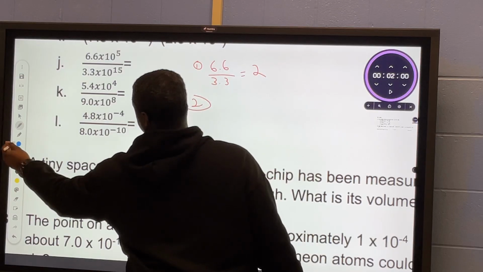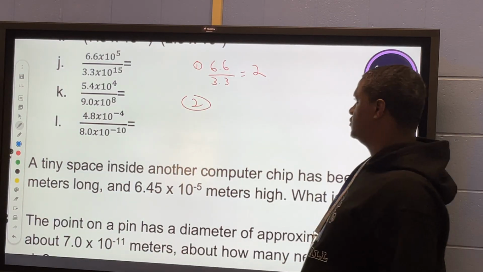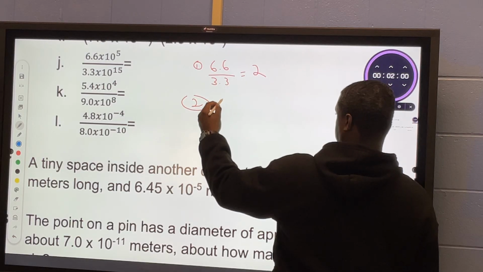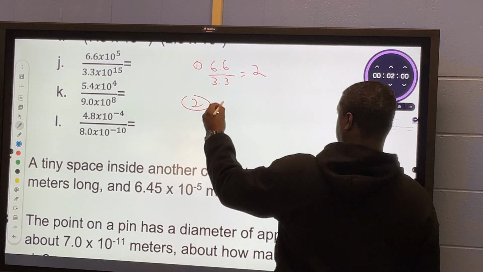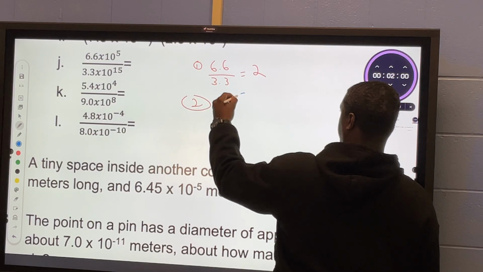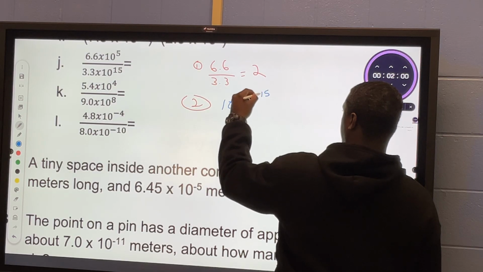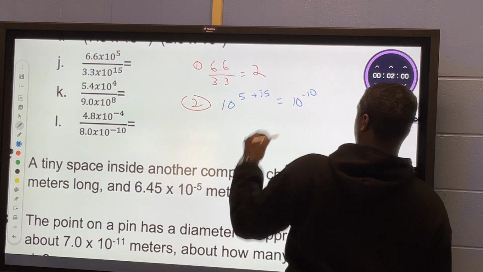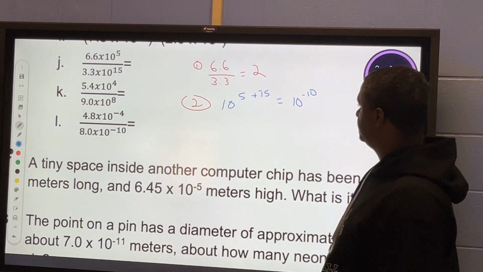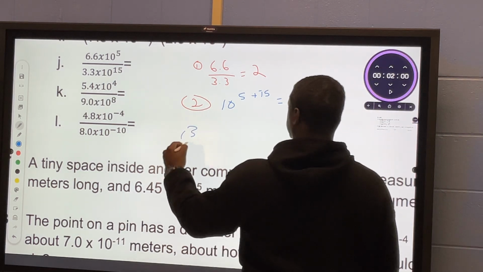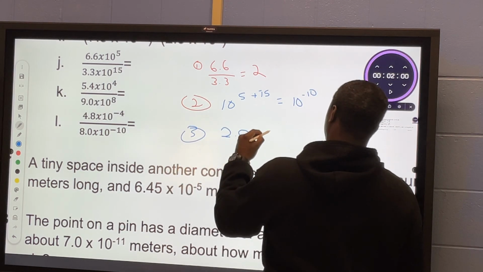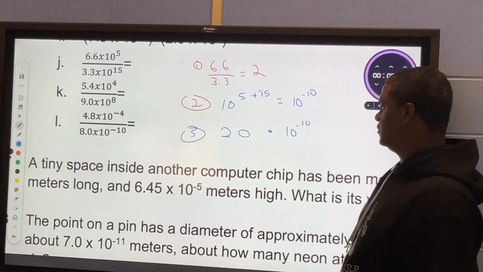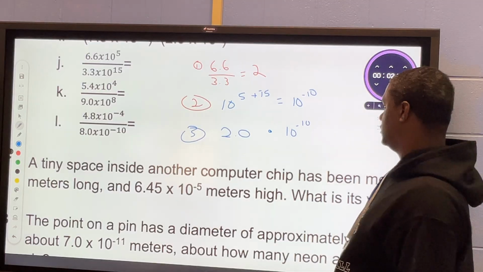Step 2, you subtract your exponents. 5 minus 15 is negative 10. Step 3, combine steps 1 and 2. Final answer: 2 times 10 to the negative 10 power.